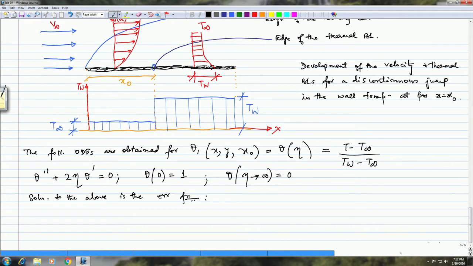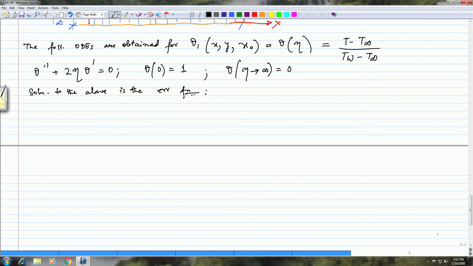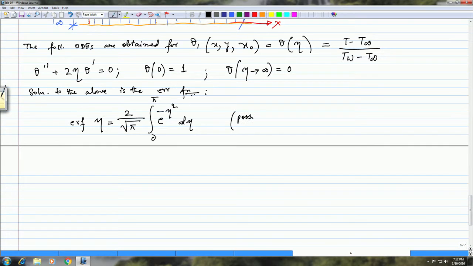So what is that? The error function of eta is 2 by under root pi, integral of e to the power minus eta squared, and this is possible for this case.